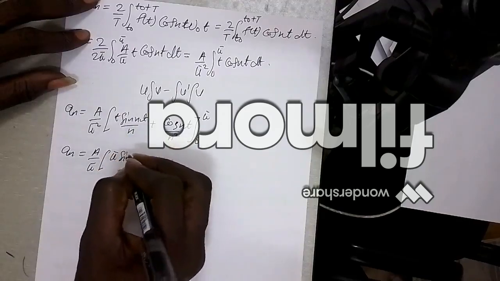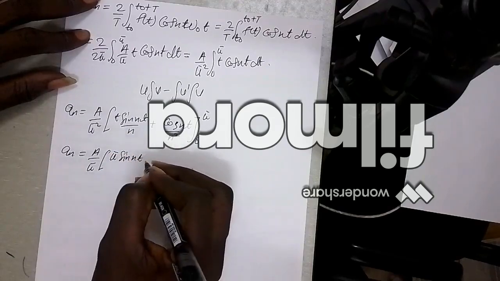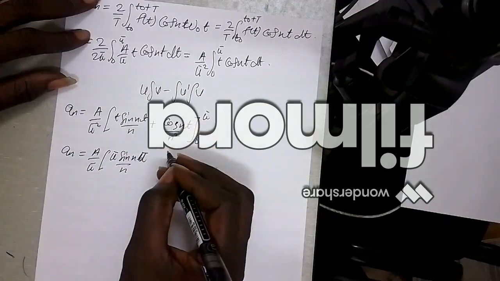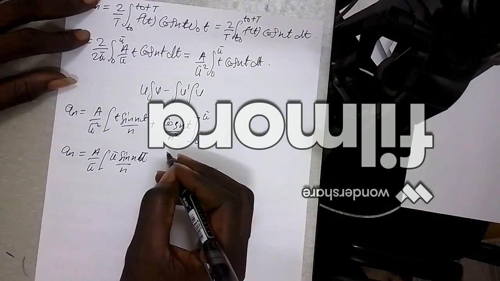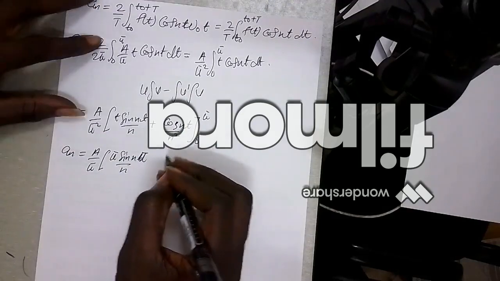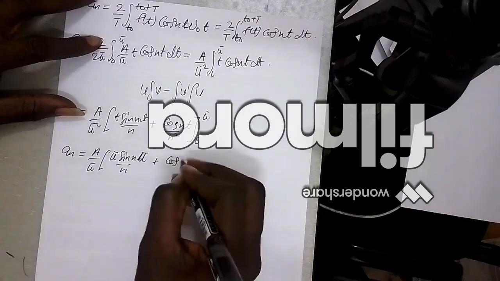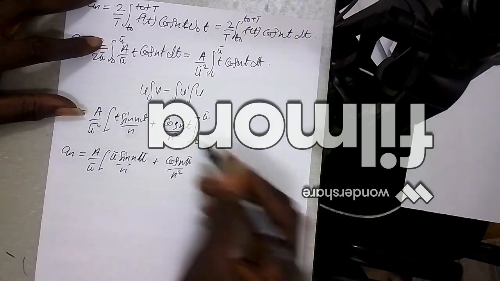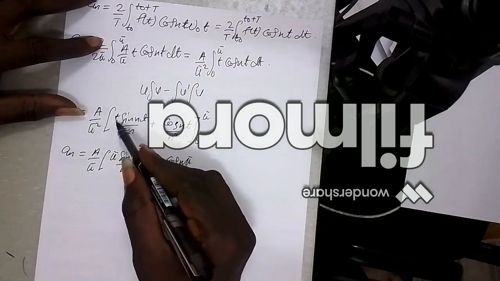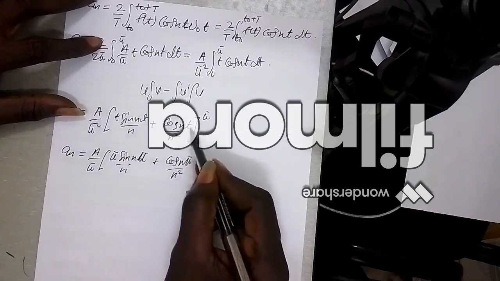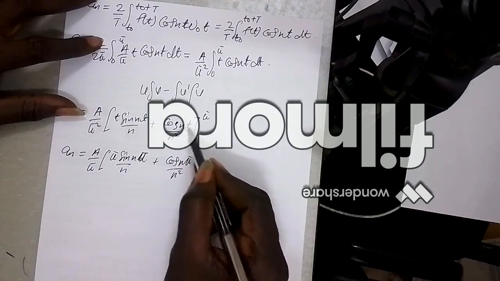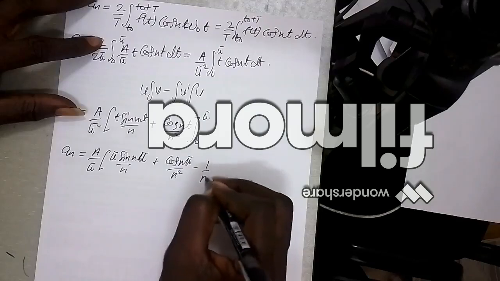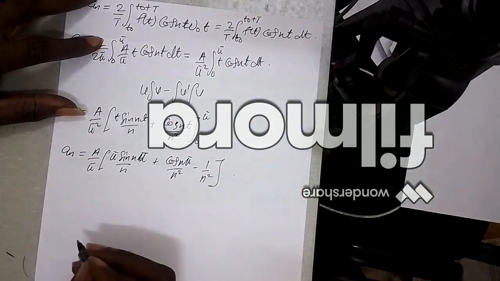So if I have pi out, I'll have sine n pi over n, plus cos n pi over n squared. Then for 0, this t becomes 0, and cos 0 is also there, and because it's the lower limit, it's subtracting, so I'll have minus. So this is what I'll get.